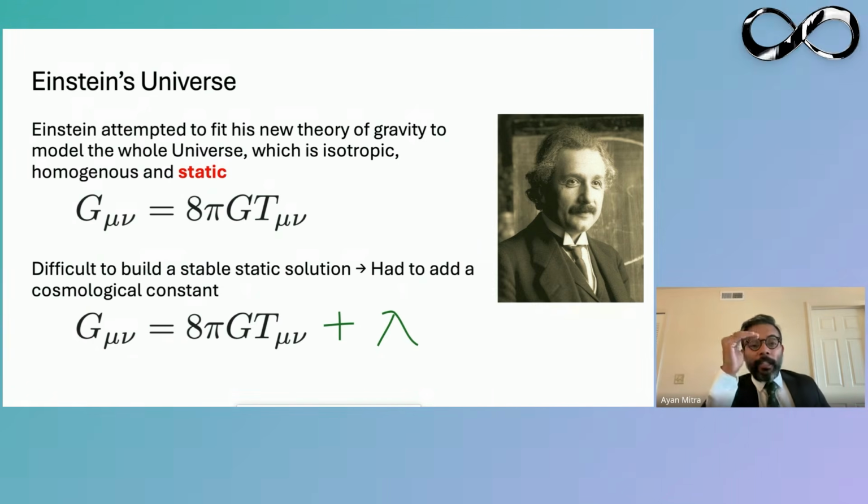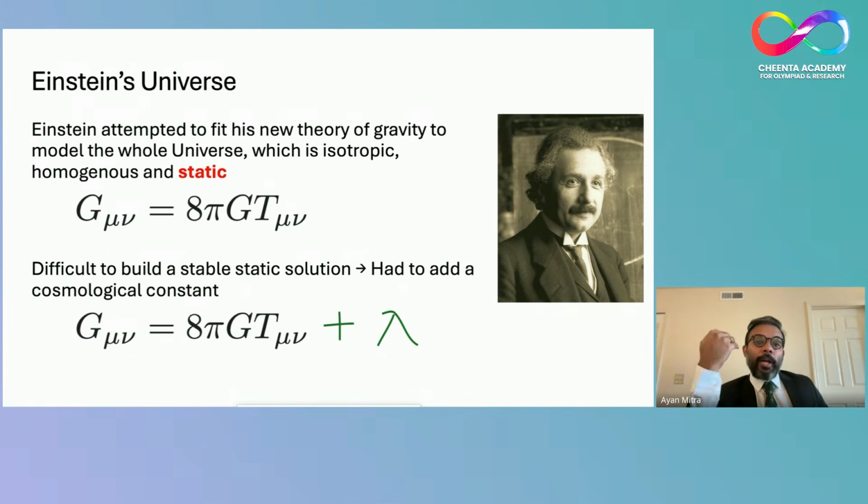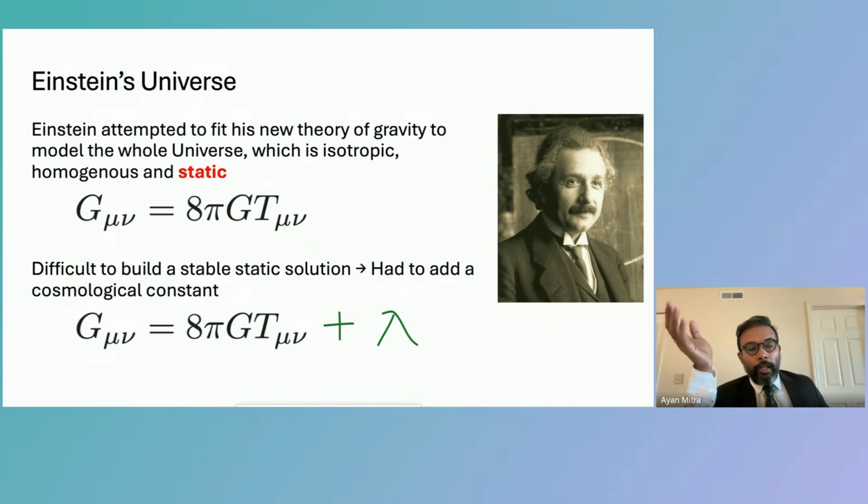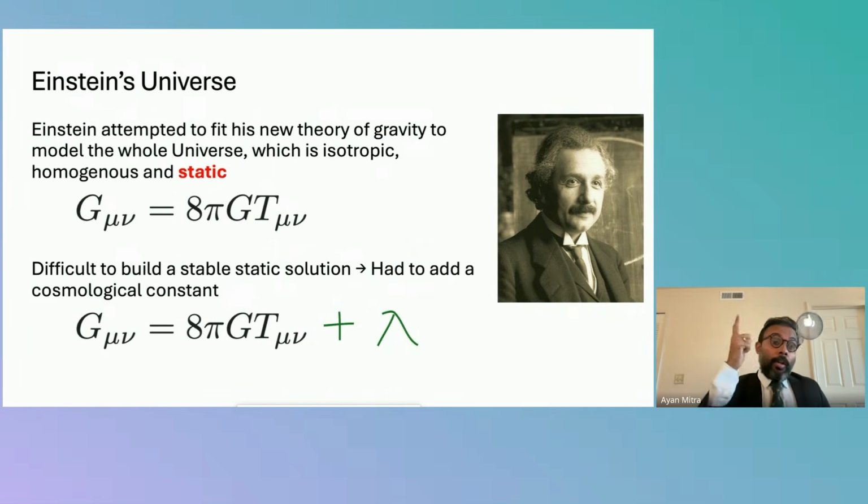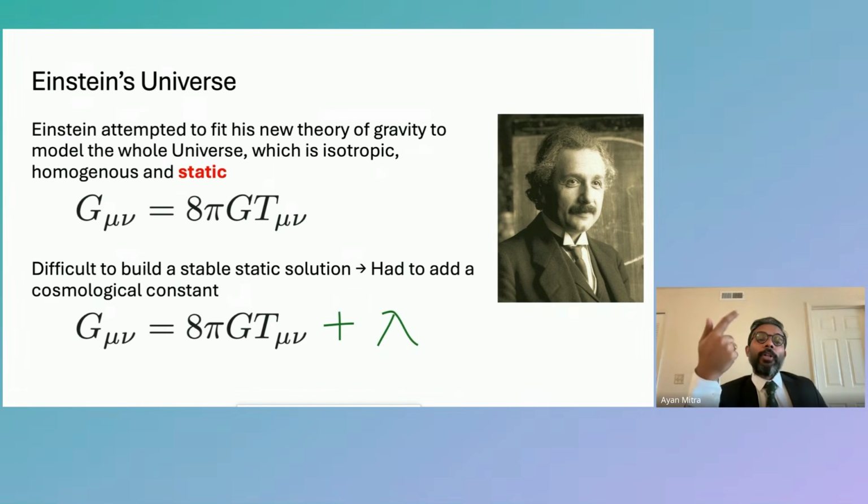But the main takeaway was that Einstein believed strongly enough to think that the universe was static. So he was trying to fit his equation to solve, agreeing on the isotropy and homogeneity of the universe, but he was also assuming the universe was static, and so he was trying to fit a static model. Now, just G mu nu is equal to 8 pi G T mu nu, the Einstein equation, was not sufficient.